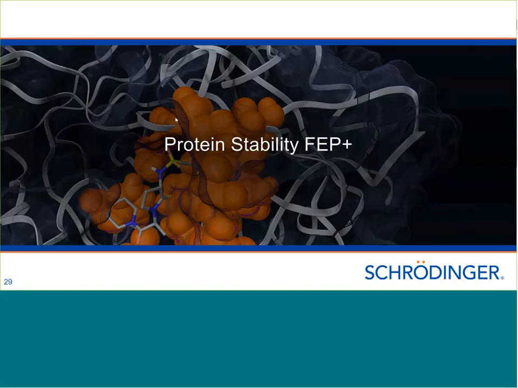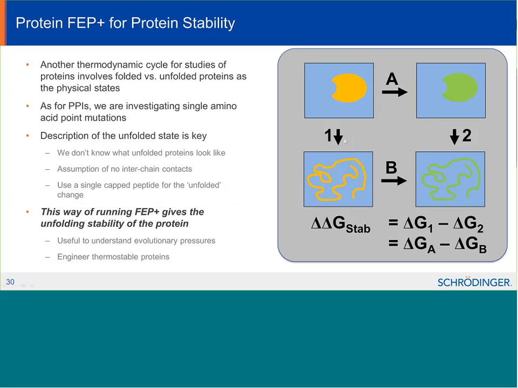Yet another way you can run protein FEP calculations is once more a new thermodynamic cycle, which here studies the folding stability of proteins. And in this case, you see that the physical process is the folding, unfolding of a protein structure. Again, the alchemical transformation will introduce specific point mutations into the protein.